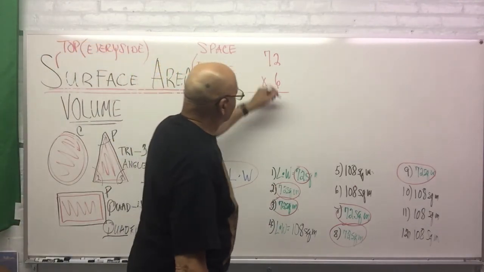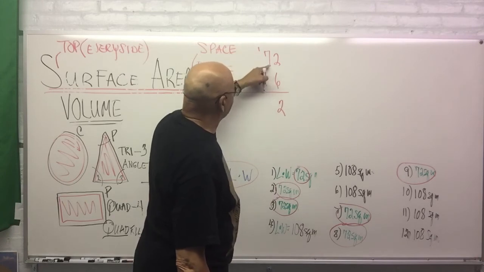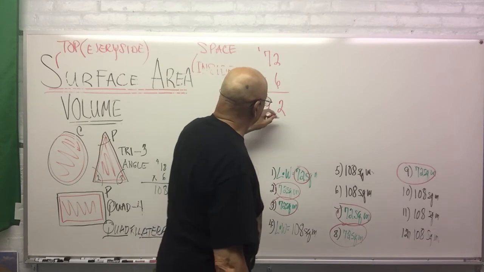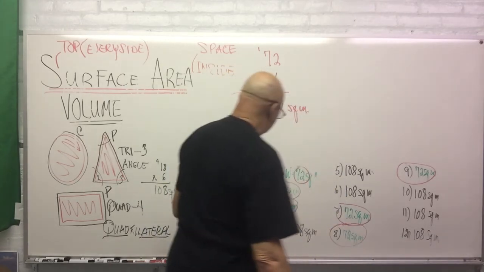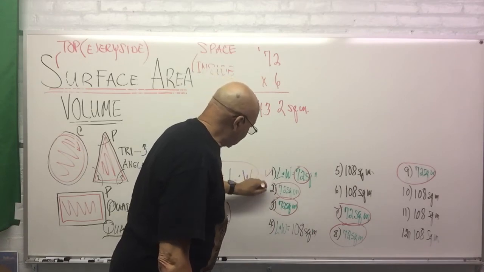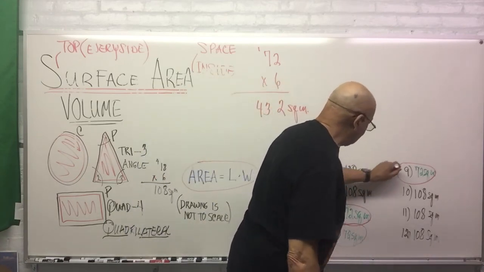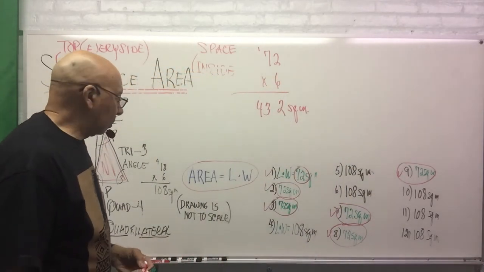So 6 times 2 is 12. Carry my 1. 6 times 7 is 42, and 1 is 43. So that's 432 square inches for those six.